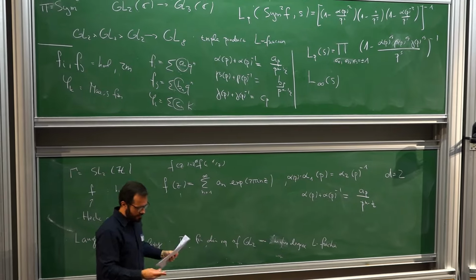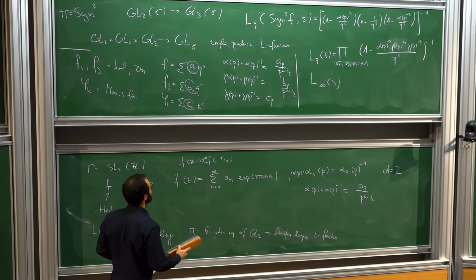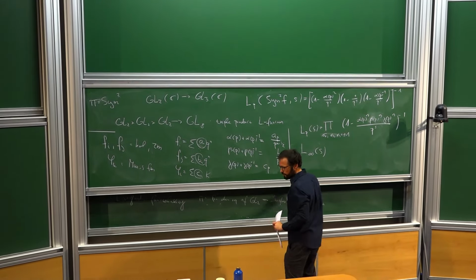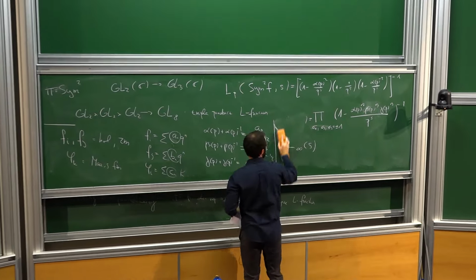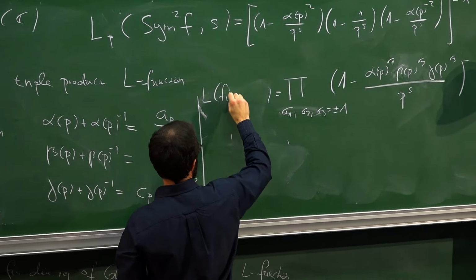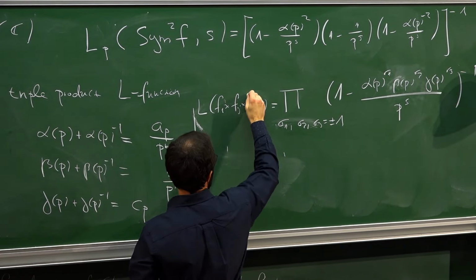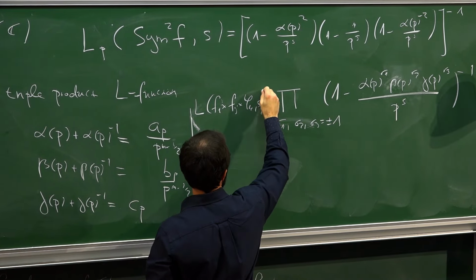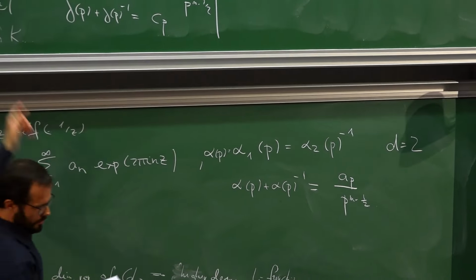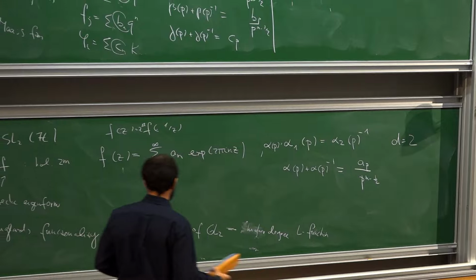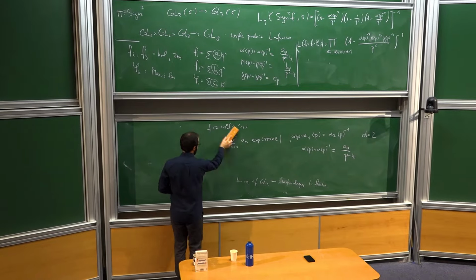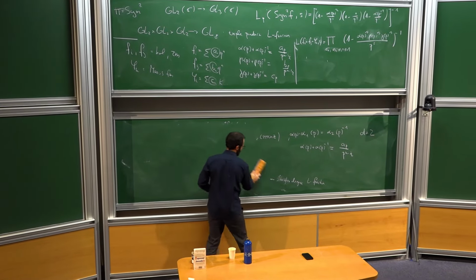I should have used proper notation consistent with the previous notation. This should be the triple product L of f_i, f_j, phi_k, s. And finally, what's the connection between three-point functions and L functions is the content of a formula that in this form was derived by Watson and Ichino.